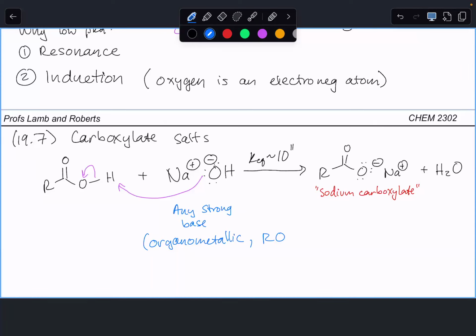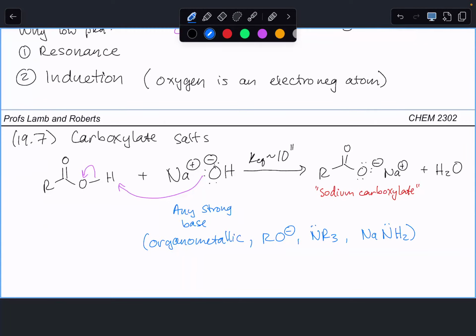Any negatively charged oxygen, alkoxides for example, amines, so NR3, neutral nitrogen, or negatively charged nitrogen, like amides. Those are even stronger bases. So any strong base is going to fully deprotonate your carboxylic acid.